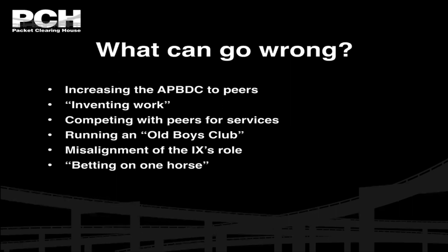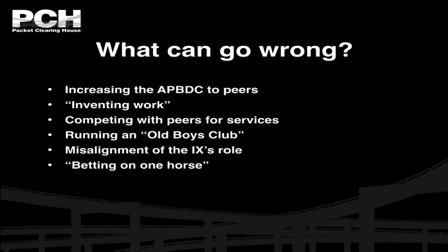I've written misalignment on the IX roles, and that's because there's often confusion as to what an exchange point should do. I sometimes get called in to help when exchange points get blamed for things like TLDs failing, or for things that are not directly related to the simple basic function that the exchange is meant to provide, and that is acting as just a neutral connection point.